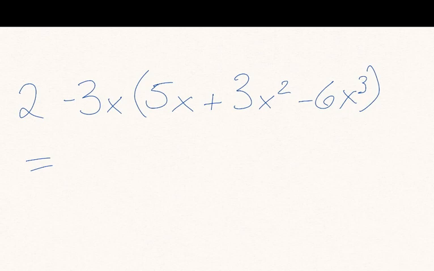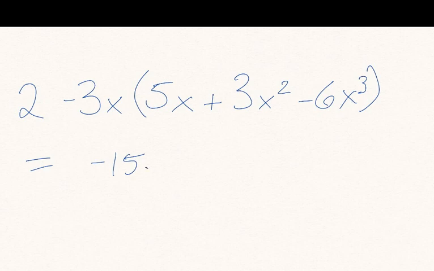Can you do it out loud with us? I think we'll do negative 3x multiplied by 5x, which is going to give us negative 15. No, that's supposed to be negative 15x squared.